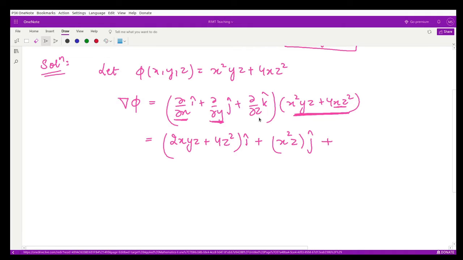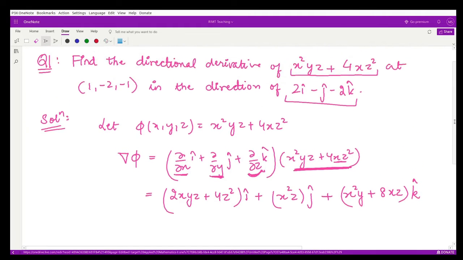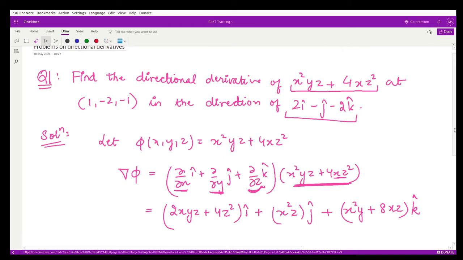And for the third quantity, we'll assume x and y to be constant. So when you take the derivative partially with respect to z, you will end up with x square y plus 8xz into k cap. So this is your gradient, and moreover we are to evaluate this gradient at the given point (1, -2, -1).